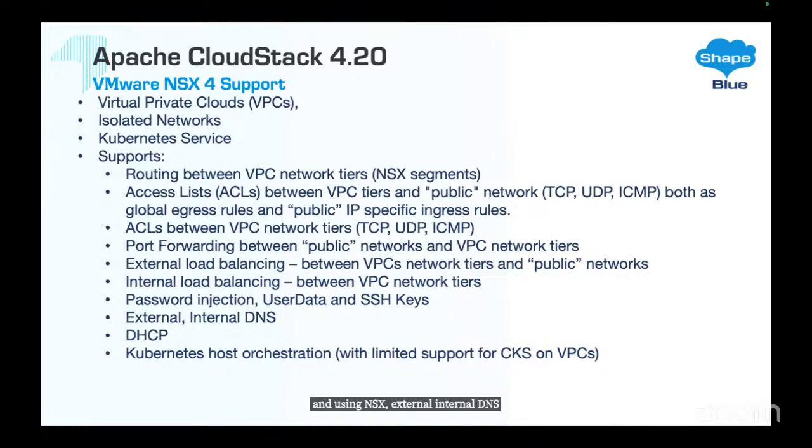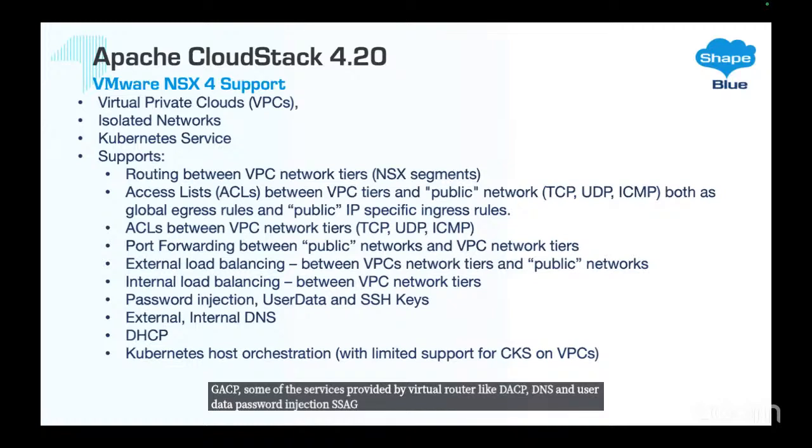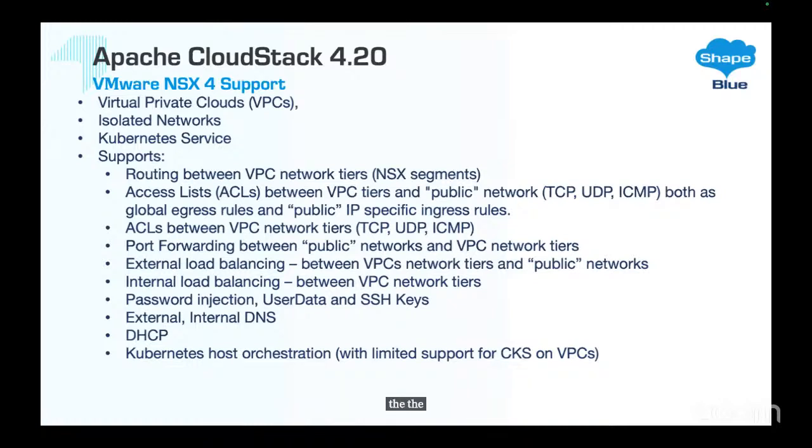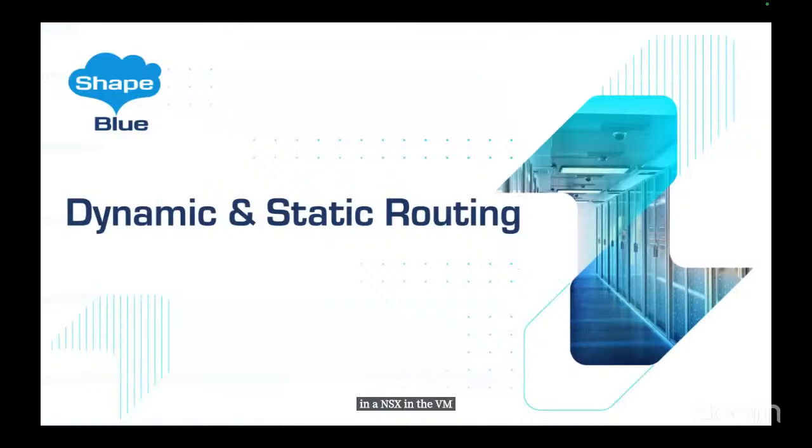Some of the services provided by the virtual router, like DHCP, DNS, user data, password injection, and SSH, remain, but the traffic management is done by NSX in that case. Kubernetes host orchestration as well, so you have the complete functionality you have in CloudStack when using NSX in VMware environments.